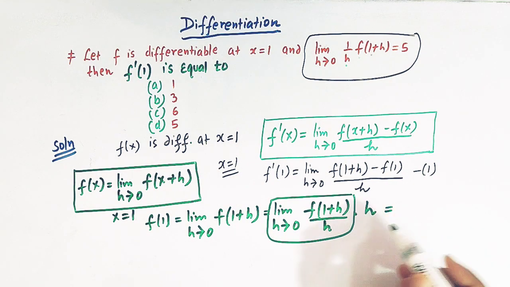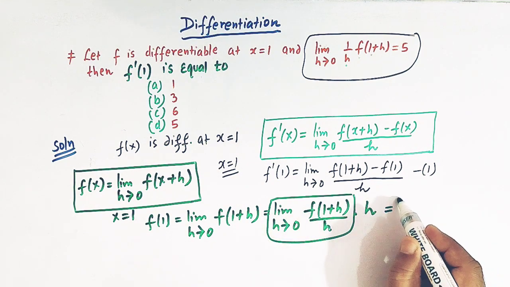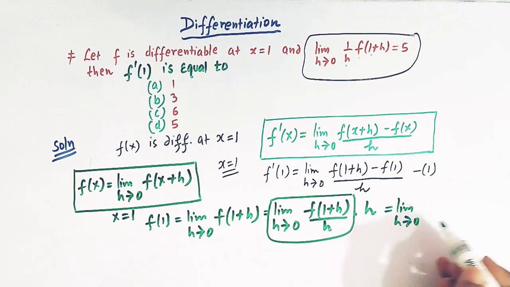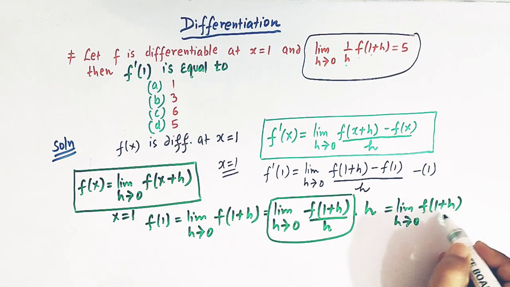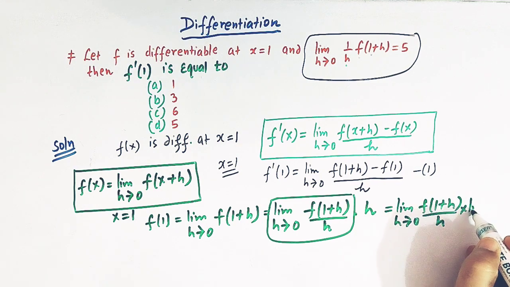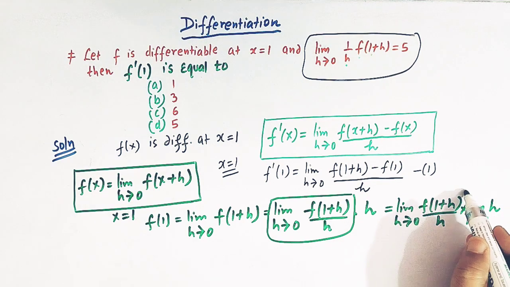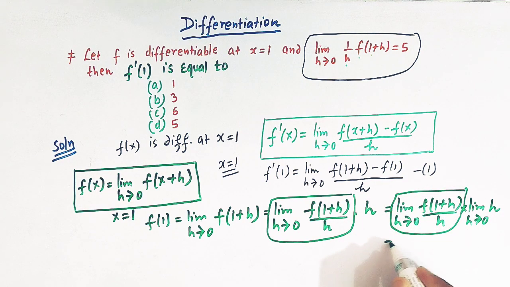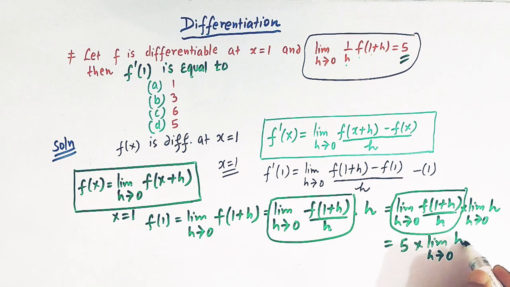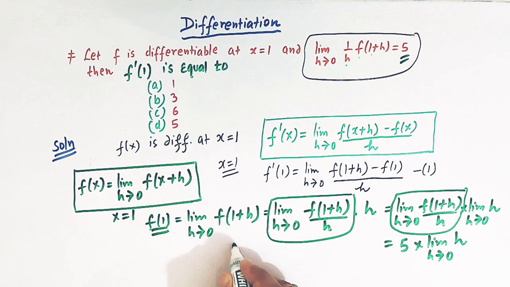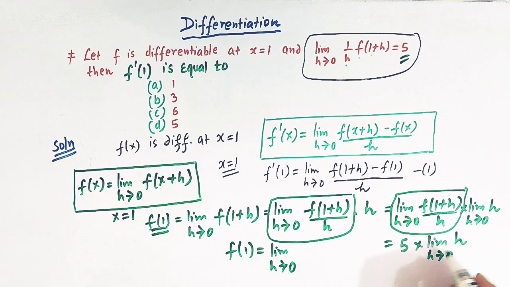Now we have the limit h tends to 0 of f of 1 plus h over h, times the limit h tends to 0 of h, and for the first we can write 5. So f of 1 can now be written as the limit h tends to 0 of 5 times h.